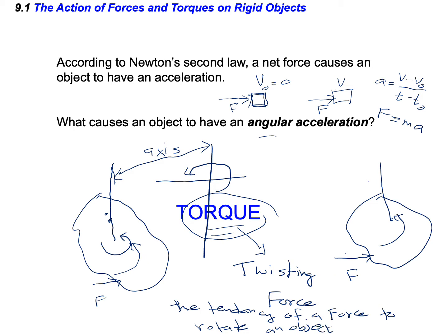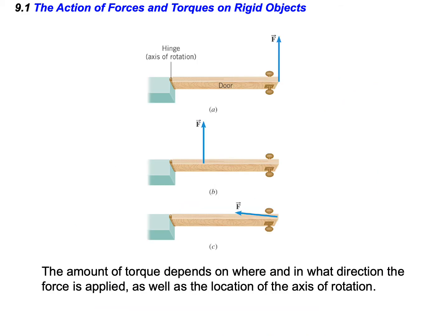You can apply a force in any direction. If you apply force in this direction, it can rotate this way through this axis. We call it the axis of rotation. That tendency of the force to rotate the object, we call torque. Here's another example: a door attached to the wall with a hinge right here.